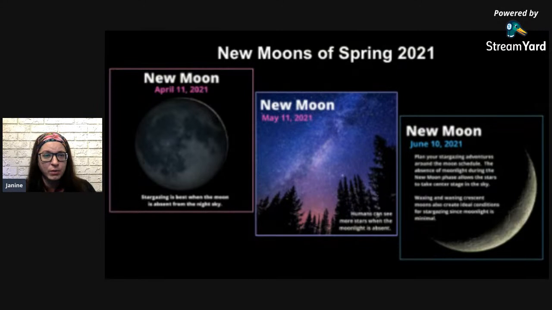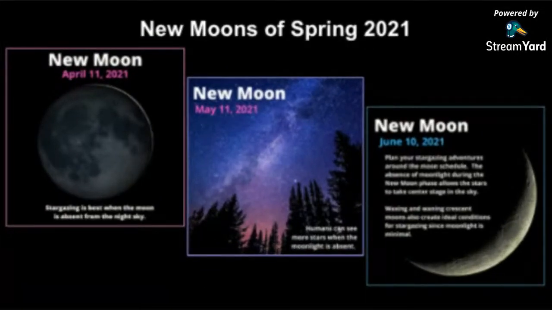To get started with the different types of celestial events that will be happening, I always encourage everybody, whenever you are stargazing, to aim to do it during the new moon. The new moons for the next 3 months are April 11th, May 11th, and June 10th.